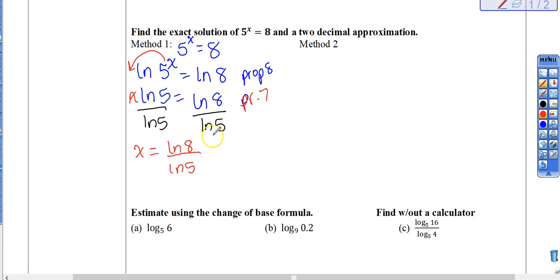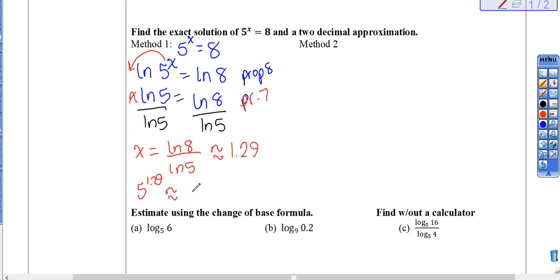You could also have the log of 8 over the log of 5. In the decimal approximation, you get out your calculator, you plug it in. I need 2 decimal places. 1.29 is great. Now here's what we're going to do. We're going to make sure that our answer makes sense. So let's plug it back in just so that you're thinking about what your answer means. 5 to the 1.29 should approximately equal 8.